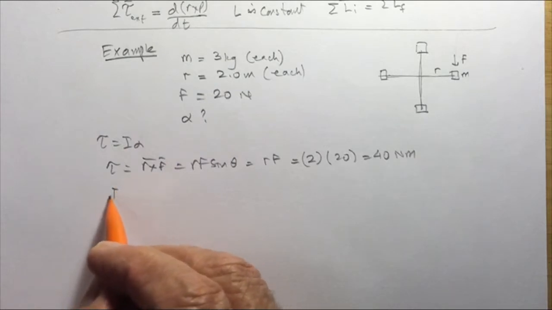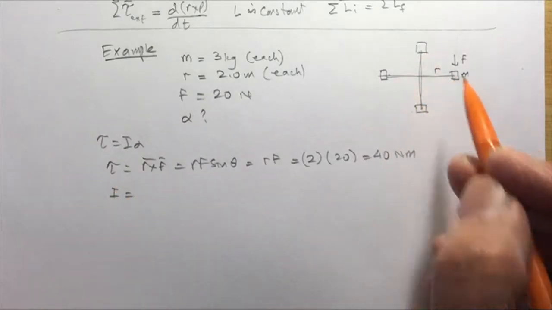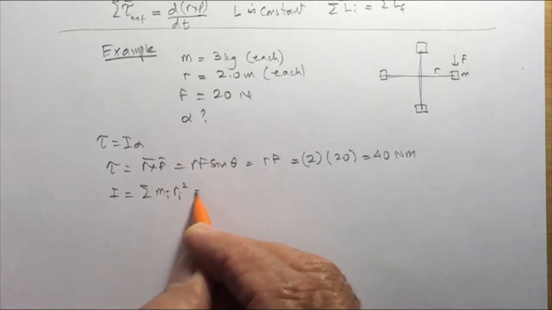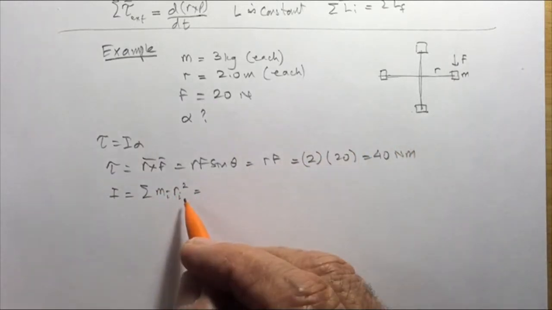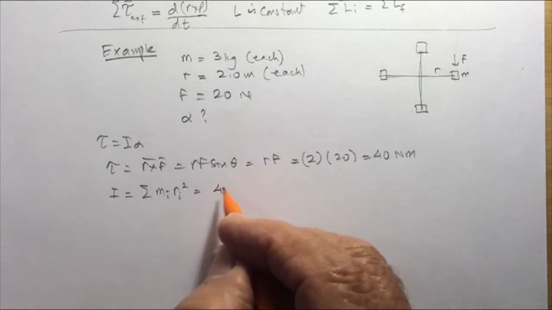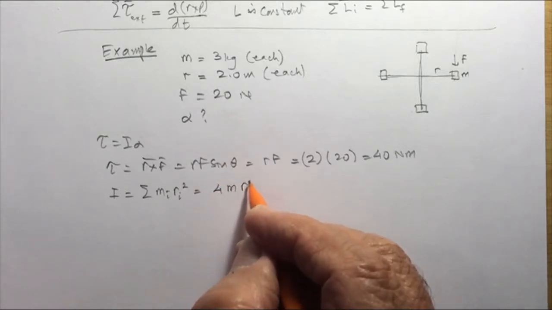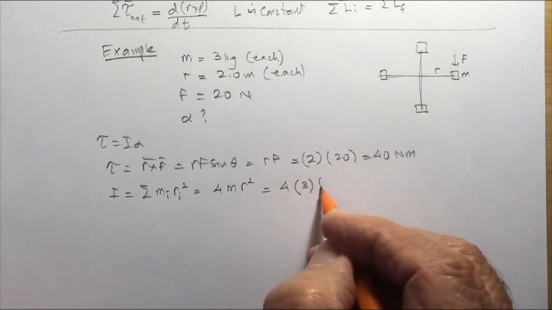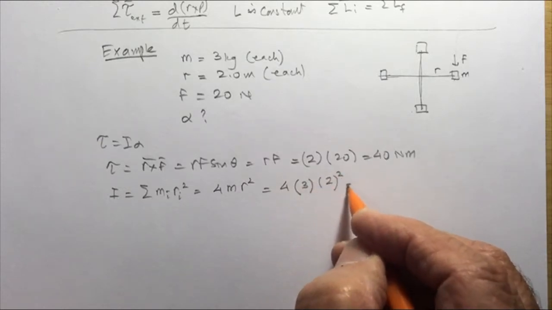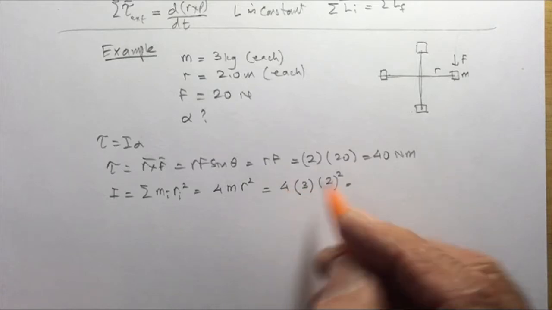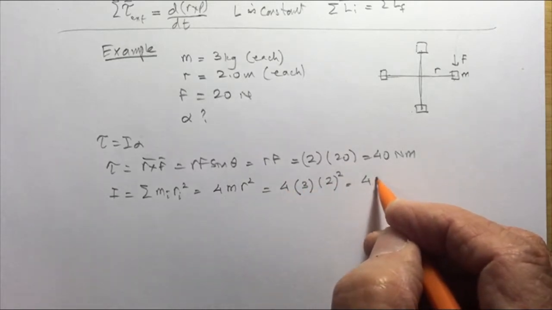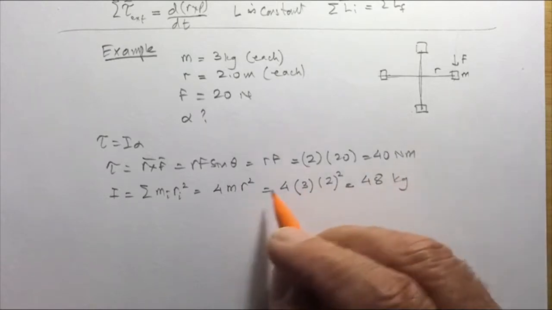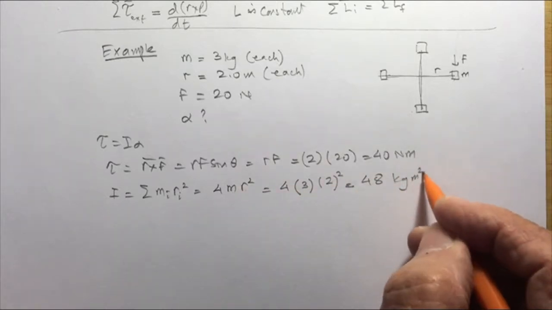And then the moment of inertia, because these are 4 point masses, is going to be the sum of m_i r_i squared. All of the m's are equal and all of the r's are equal, so it's simply going to be 4 m r squared. So m is 3 kilograms and r is 2 squared, so that becomes 2 to the 4, 4 times 16, 3 times 16 is 48, in kilogram meter squared.